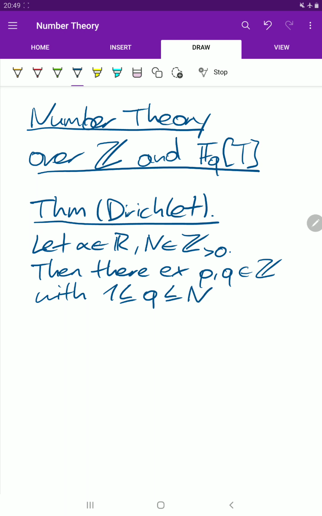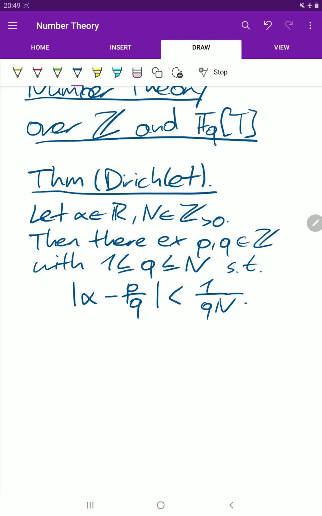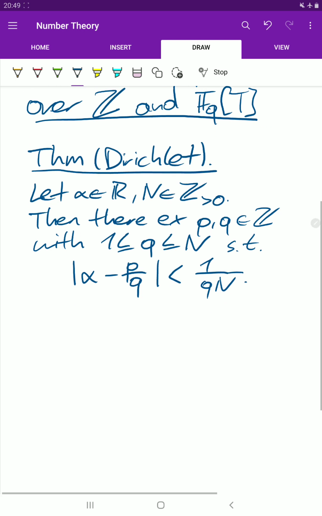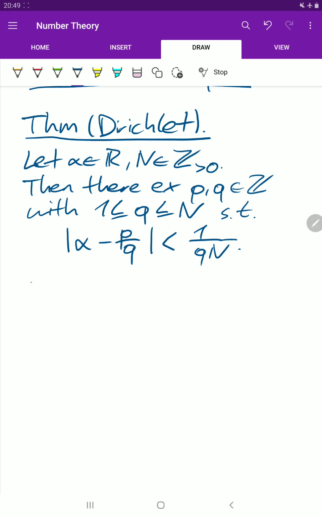It should be non-zero, should be positive, and bounded by n. And now we want to see how well we can approximate alpha, and the claim is that we can approximate it at least so well that we get an error of less than 1 over q times n, with rational numbers with denominators bounded by n. And so let's prove it.